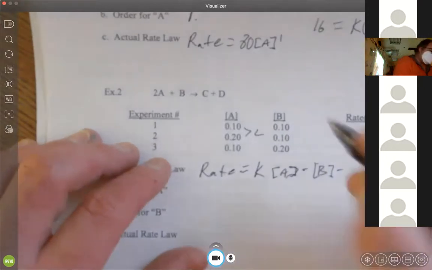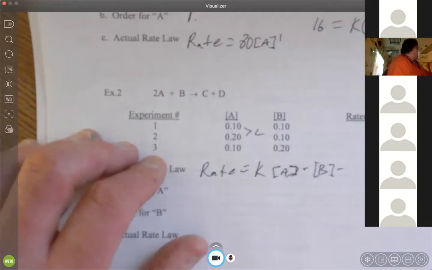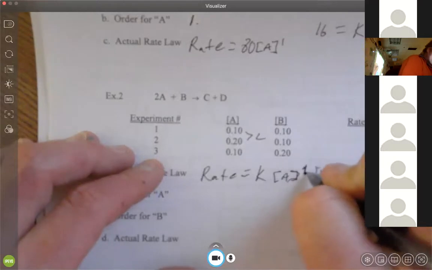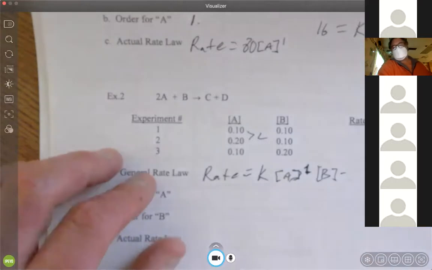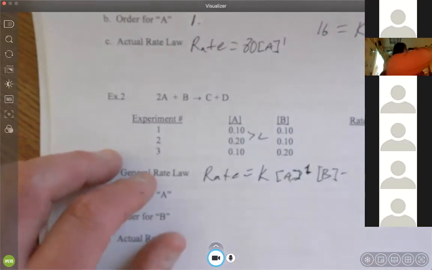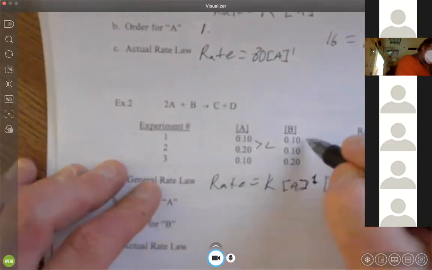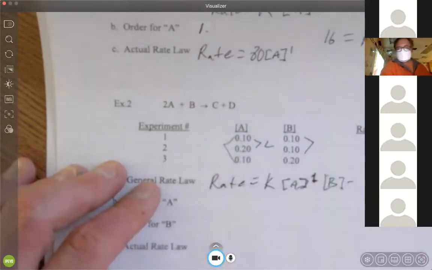So what is the order of A? Am I doing this too fast? 1. Yeah, so 1. Now, what will I pick trial-wise to find the order of B? Experiments 1 and 3, because I want A's concentration to be the same.